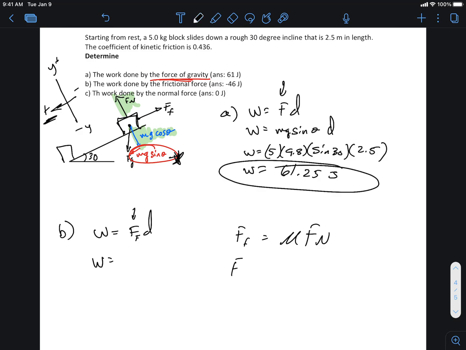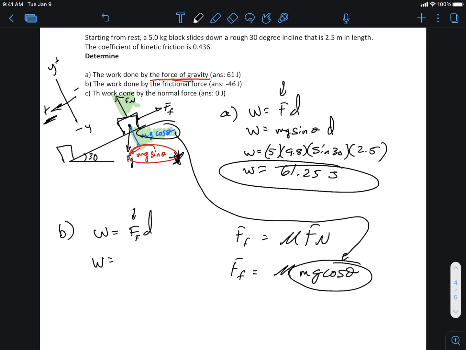And so the force of friction is equal to mu mg cos theta. That's where this comes from. And so that's what you plug in. This is your force. How long was that force applied for? That's the displacement, 2.5. So you go mu mg cos theta times the displacement.